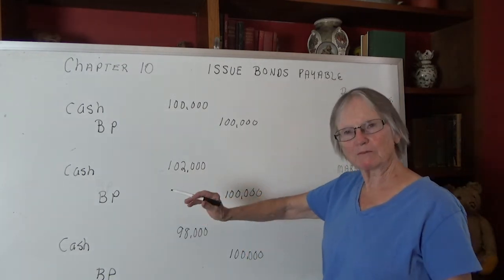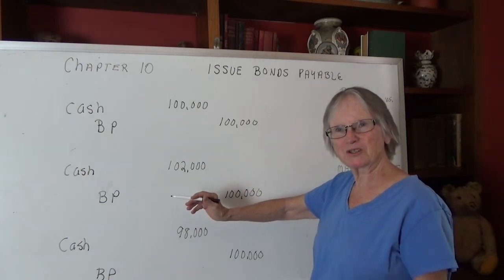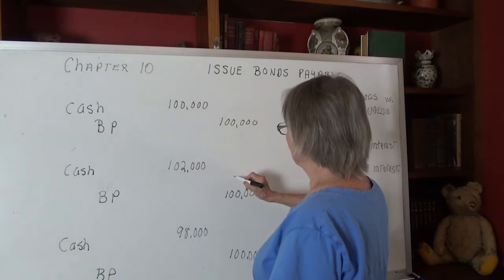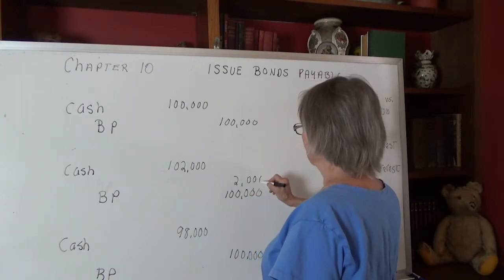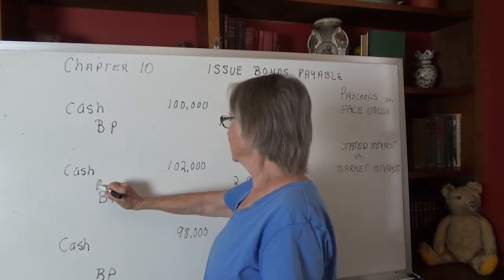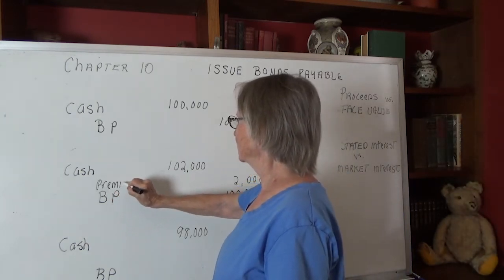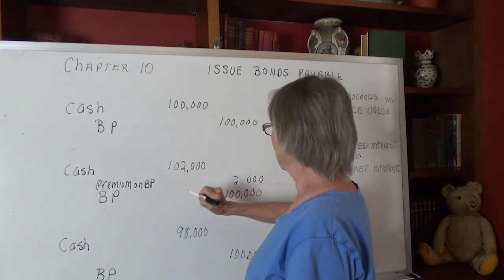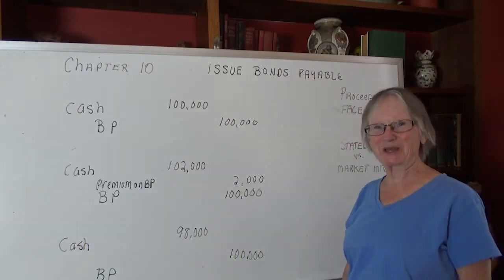People were willing to pay more for the bonds than we're going to have to pay them back. So to balance this out, we would say we're going to have to pay back 100,000, and we've also got an account called premium on bonds payable of 2,000, and then our journal entry is okay.